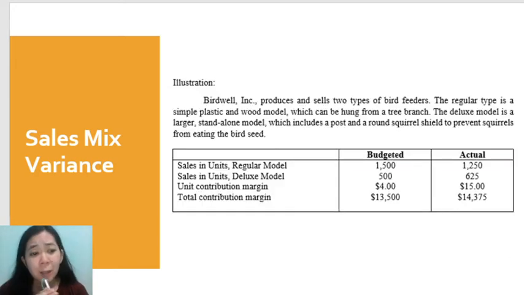To understand better and to apply this sales mix variance analysis, we will use the Birdwell Incorporated illustration again. Here, the sales units, unit CM, and total CM are provided.